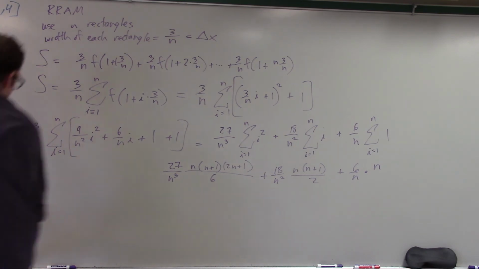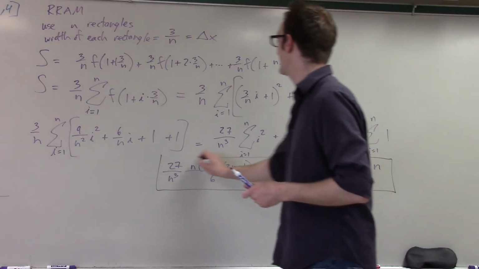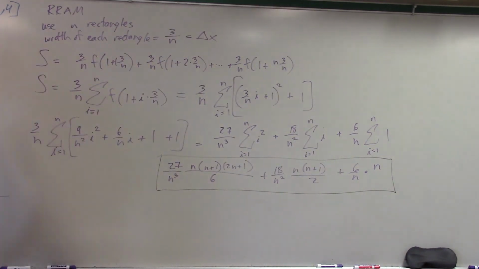What does this formula actually represent? I need someone to tell me in words, what does this formula actually mean? Ian: If you're gonna split it into n rectangles, this is the area that you'll get using this method. Yes.